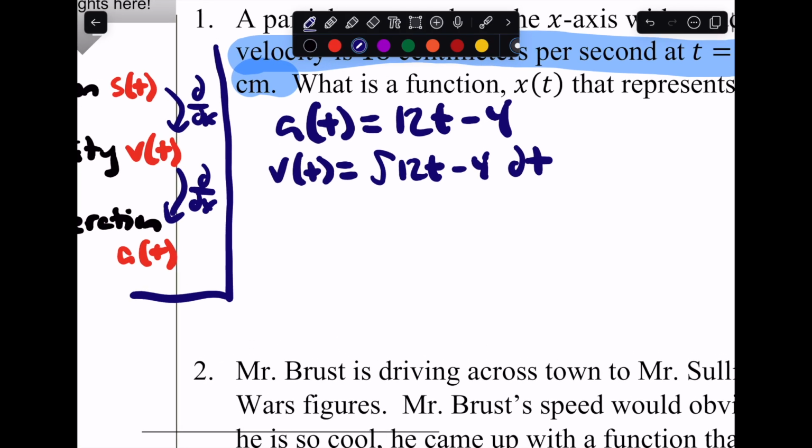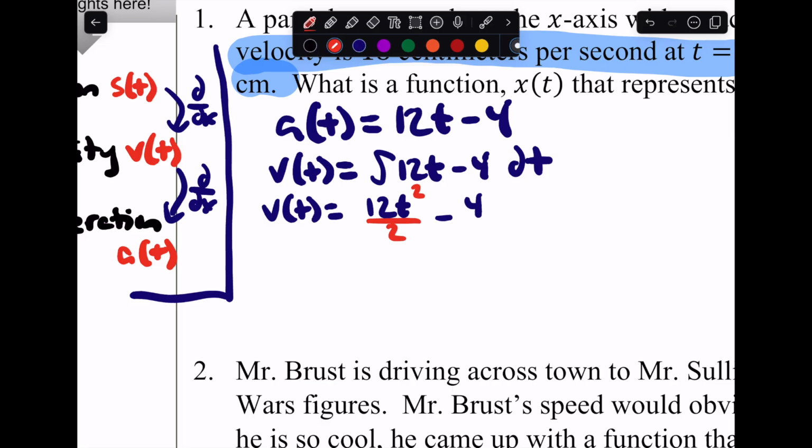We know from our work in chapter 6 that to evaluate this indefinite integral, we can take the antiderivative of each term. That means my velocity is going to be equal to essentially our reverse power rule. We add 1 to the exponent and then divide by that new exponent. For the next term, we do the same thing.